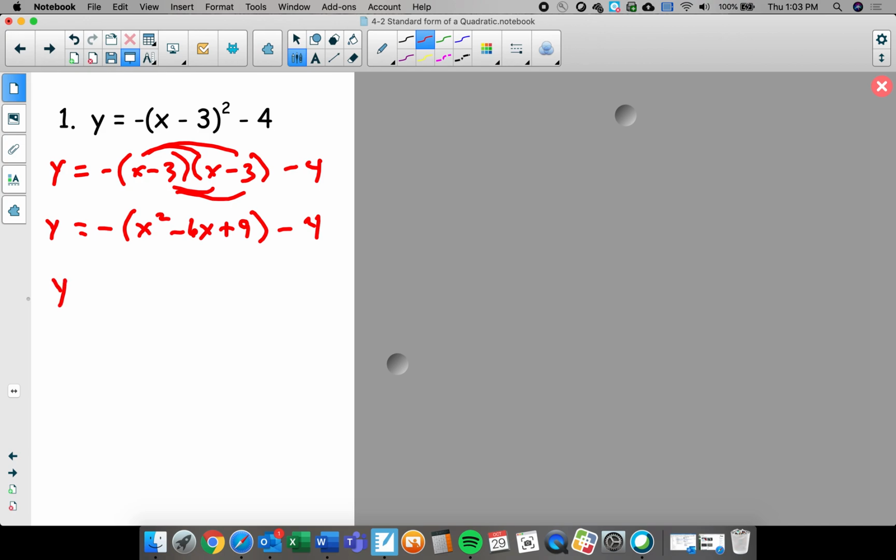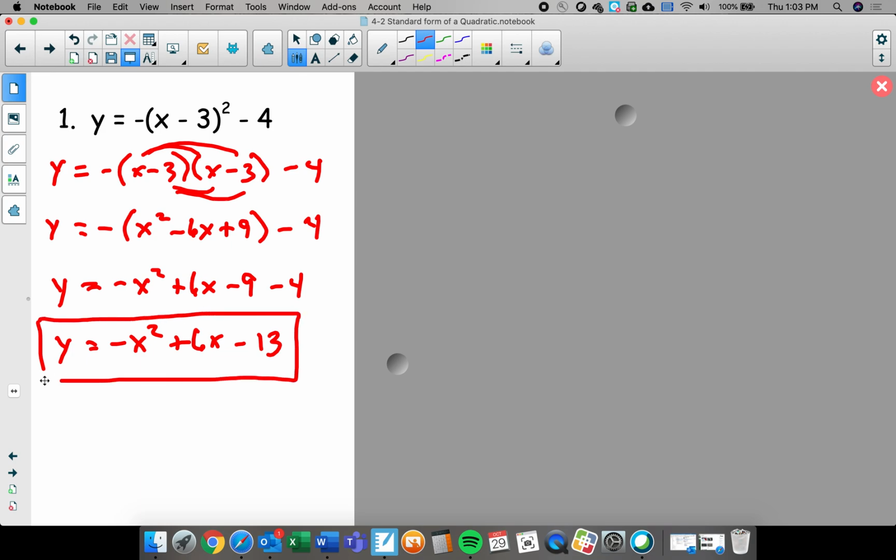So we end up with y equals negative x squared plus 6x minus 9, and then I still have that minus 4, which is the only thing left that I have to clean up. Negative x squared plus 6x minus 13 in this case. And there's the standard form equation for the exact same problem.